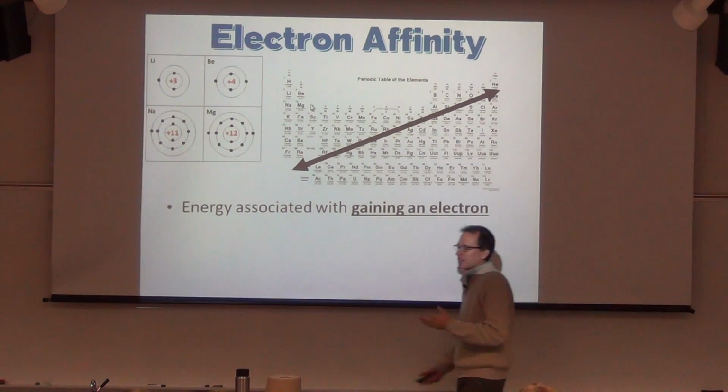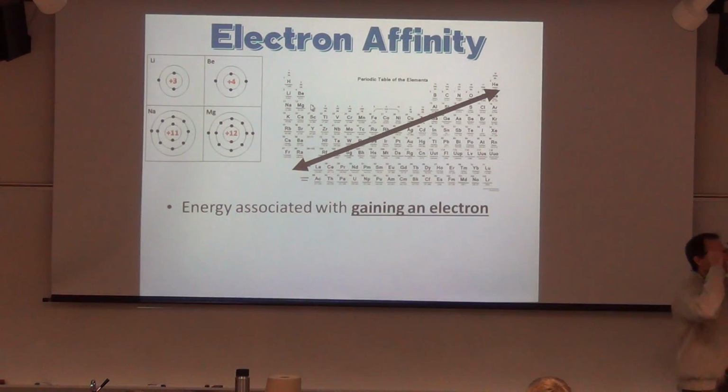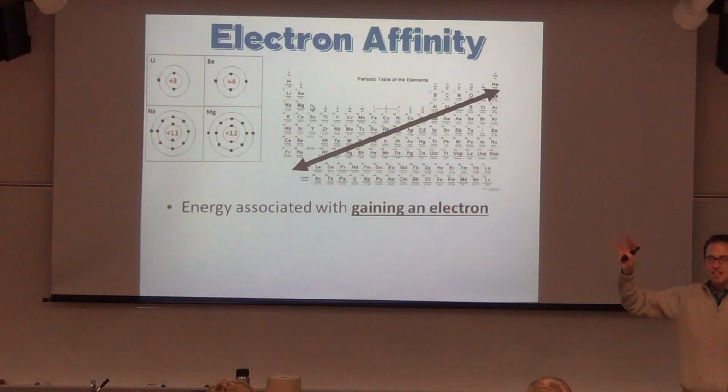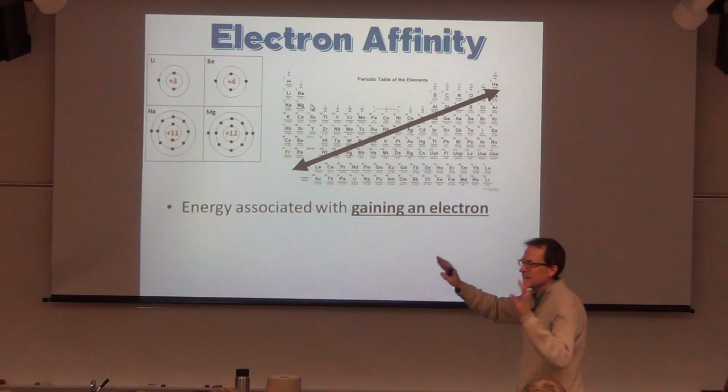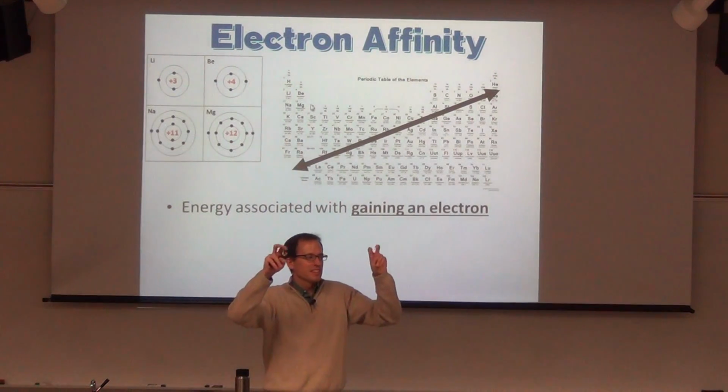Now, you might think, well, wait a minute, the last one, ionization, is removing one, so this is gaining, so it's opposite. It's different. When you're talking about the energy to remove, it's how easy it is. This is basically how much, I hate using this because an atom doesn't want to do anything. An atom's not a person, it doesn't want something for its birthday, but the affinity is how much does it want to gain an electron.